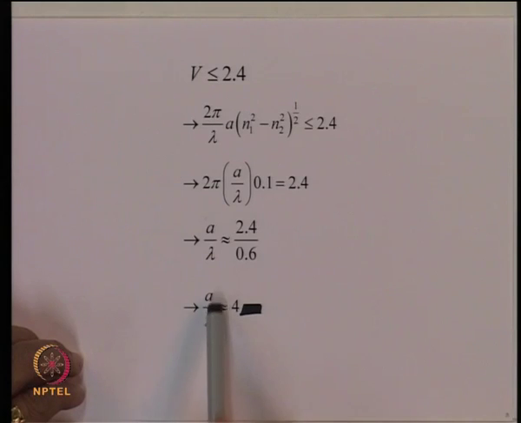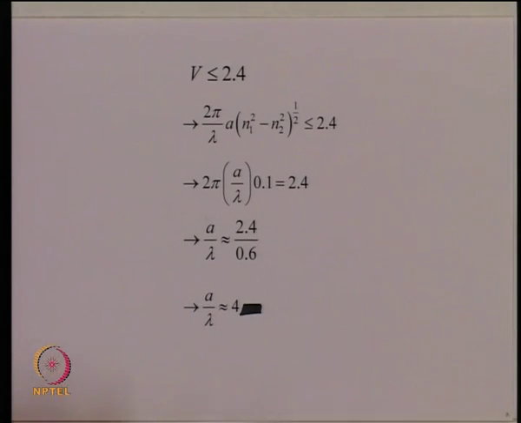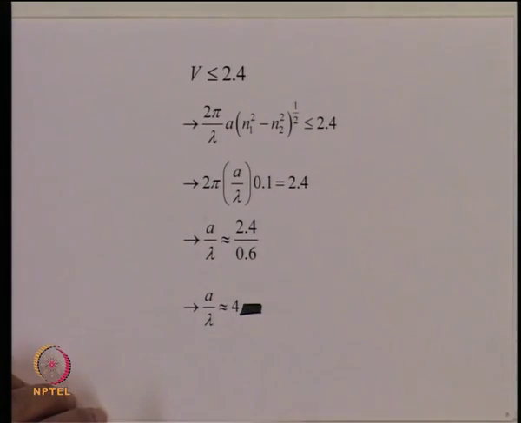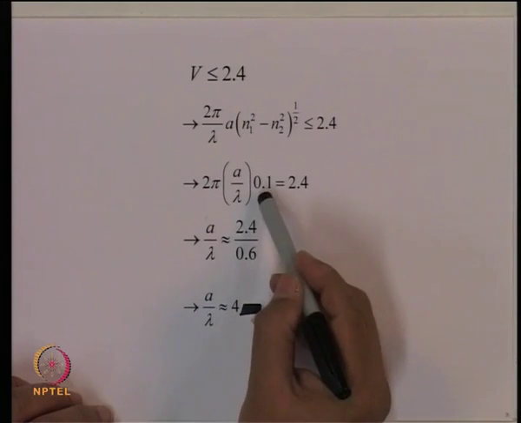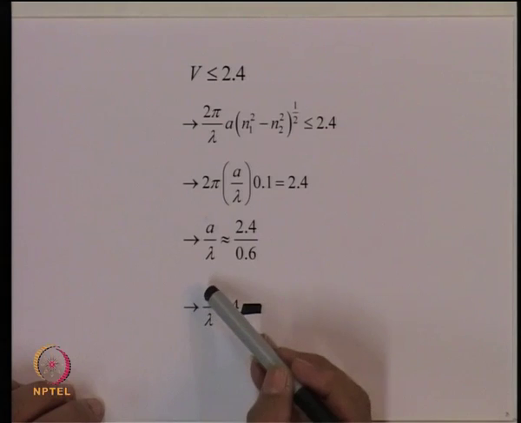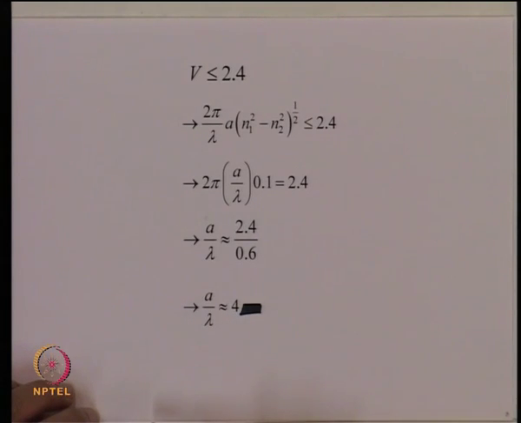So, we get A by lambda typically of the order of about 4 for a numerical aperture of 0.1. If you make the numerical aperture smaller, we can get A by lambda larger, but typically these are the values which you will see in practice. So, that means we get typically A by lambda about 4.